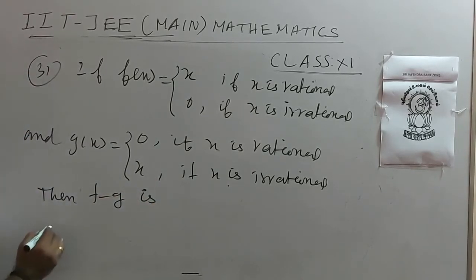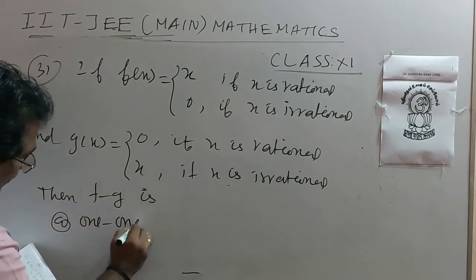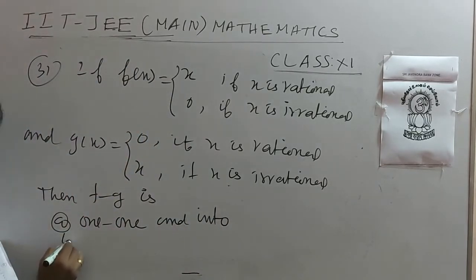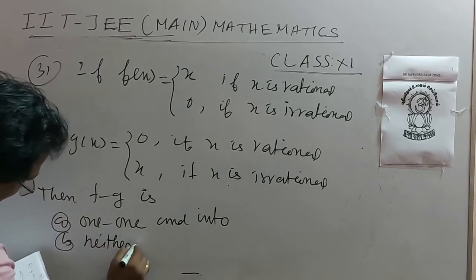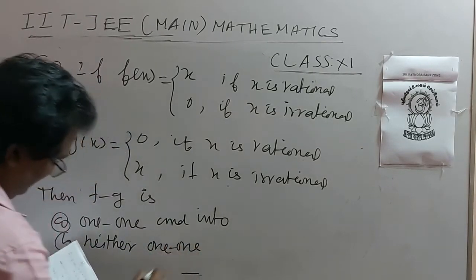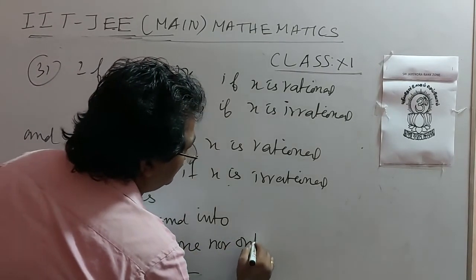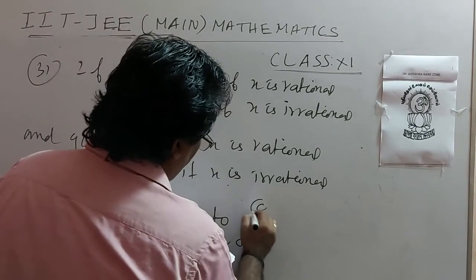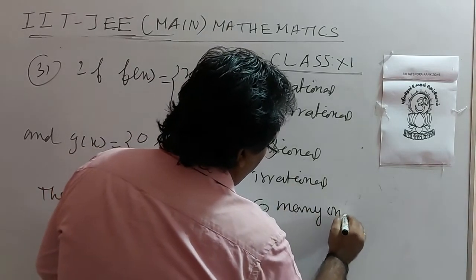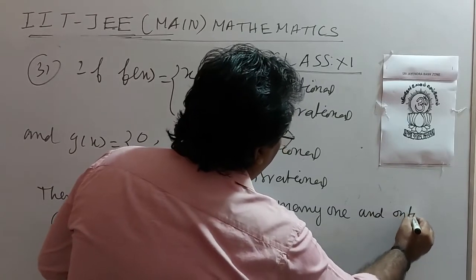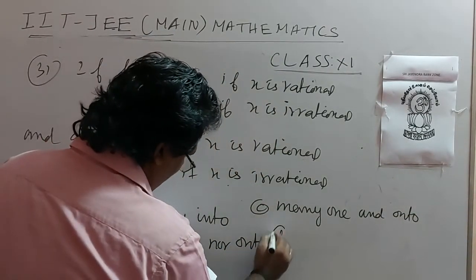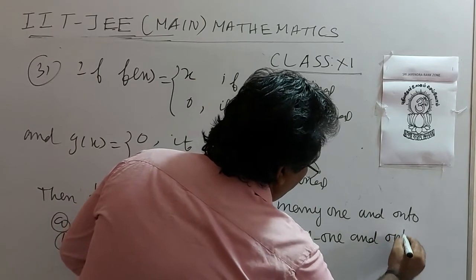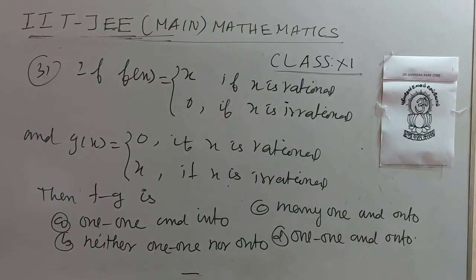Then f minus g is: 1 1 and into. Next option, neither 1 1 nor onto. Many 1 and onto. One one and onto.